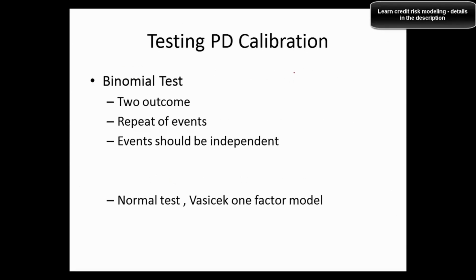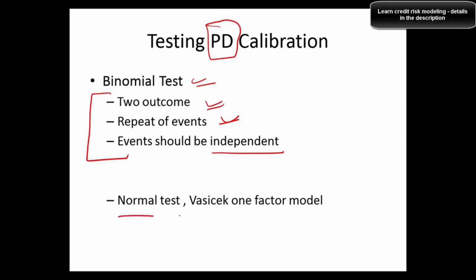Questions could be asked related to testing PD calibration. How do you test a PD calibration? You do it using the binomial test. PD obviously deals mostly with two outcomes: default, non-default, or repeat of events, and the events should be independent. These are some of the assumptions, and you can go ahead with the binomial test to see the calibration.